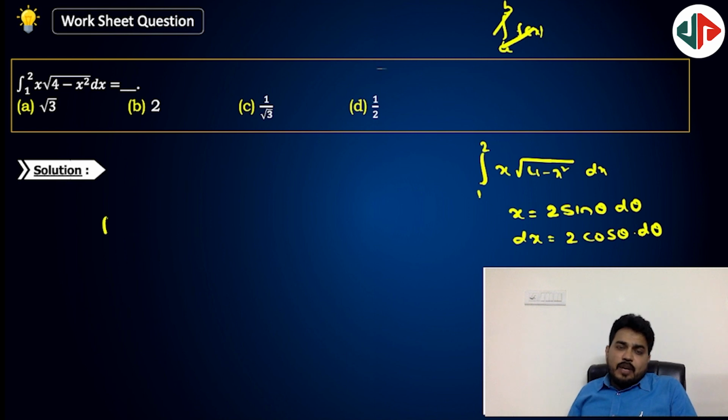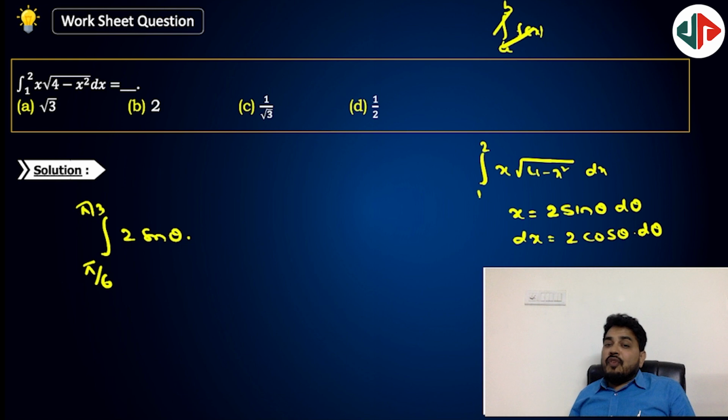So at that time, for x equal to 1, sine theta is equal to 1 by 2, so that means pi by 6, and pi by 3 for the upper limit. x is 2 sine theta, into root of 4 minus 4 sine square theta, that will be 2 cos theta, into 2 cos theta d theta.